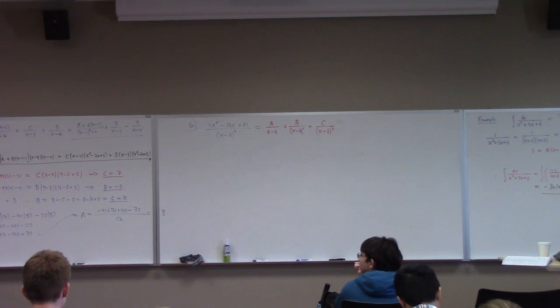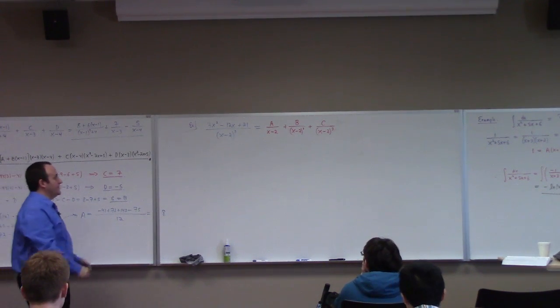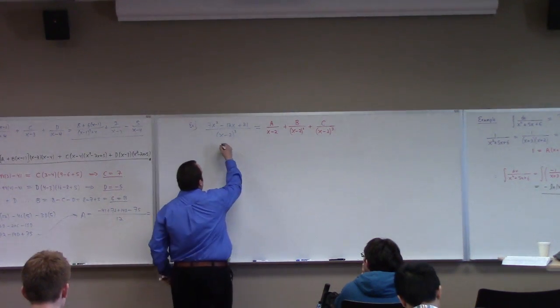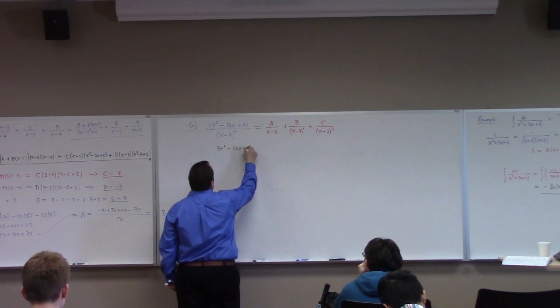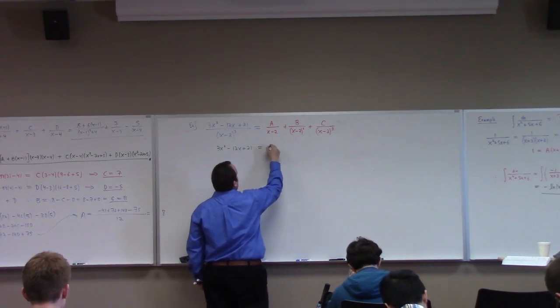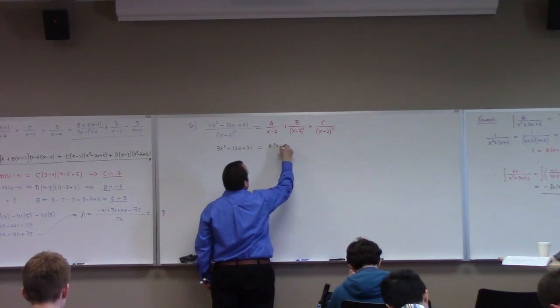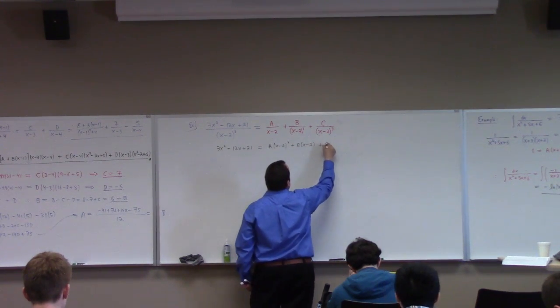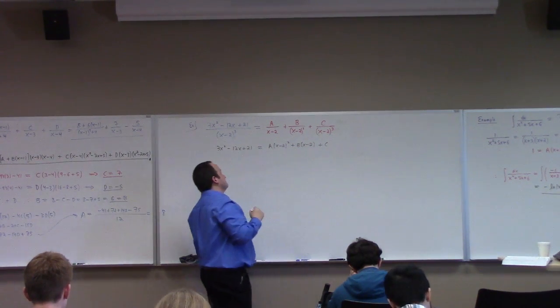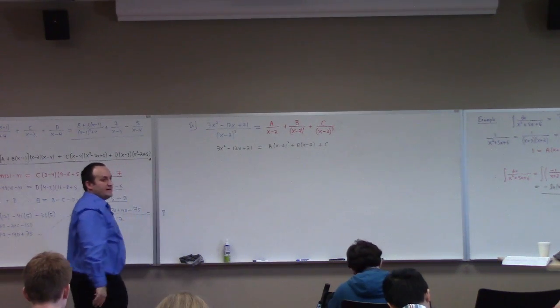First move. I know it's very boring. It's always the same first move. 3x squared minus 12x plus 21 equals a times x minus 2 squared plus b times x minus 2 plus c. So I multiplied both sides by x minus 2 cubed.